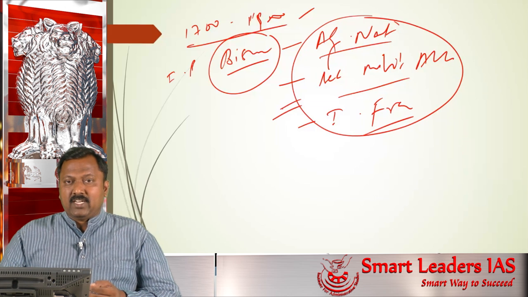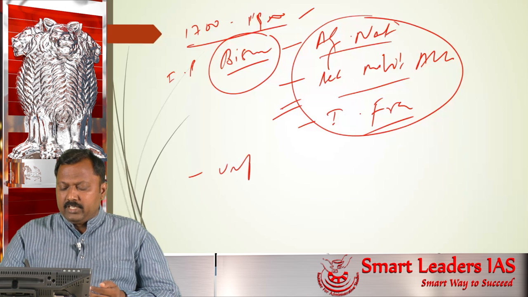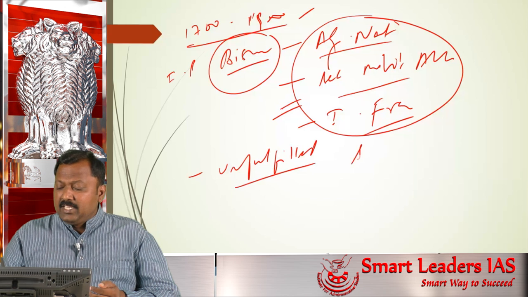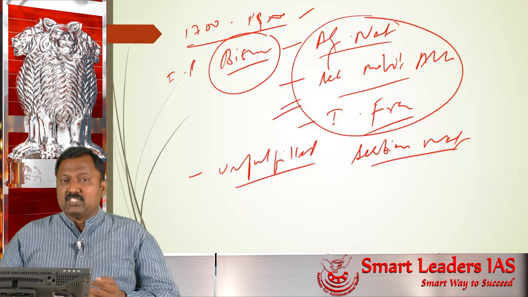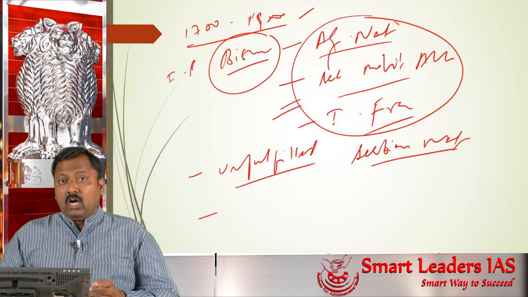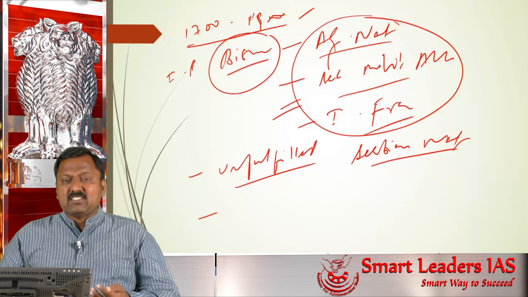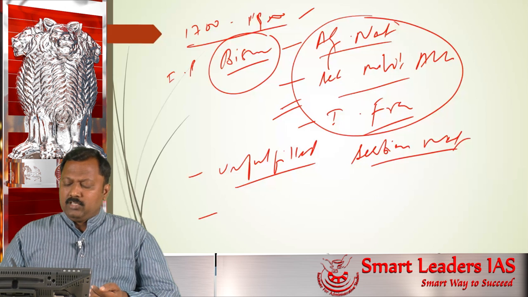These are the important factors, and added to these are the unfulfilled aspirations of Serbian nationalists, and also the unfulfilled colonial needs of Germany.